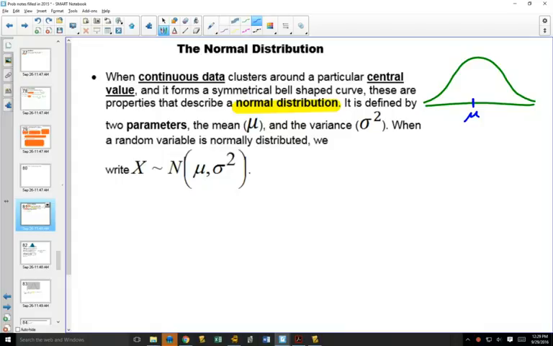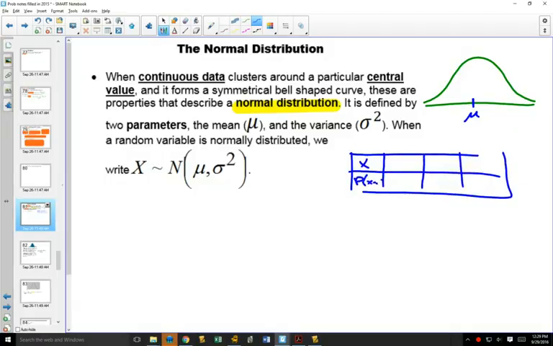And what the normal distribution shows is the same thing that our probability distribution chart showed. So for example, if we flipped a coin 3 times, here's my chart. You could get 0 heads, 1 head, 2 heads, 3 heads, and we figured out that the probabilities were 1/8, 3/8, 3/8, 1/8.